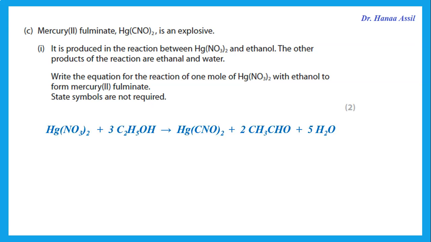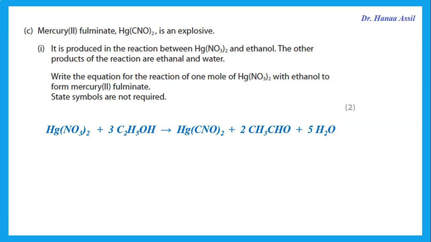Can you see how we write ethanol in an equation? Don't write it C2H6O unless the question says write the molecular formula of ethanol, in which case it is C2H6O. But when we write it in an equation, we need to indicate that this is an alcohol. So we write it C2H5OH to give that product, plus it says it would give ethanal.